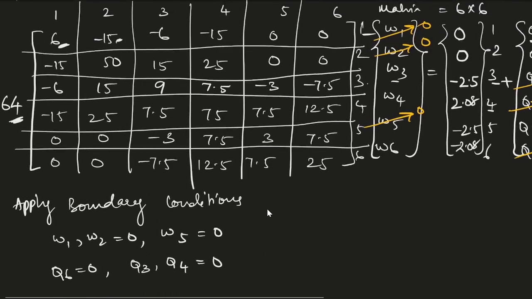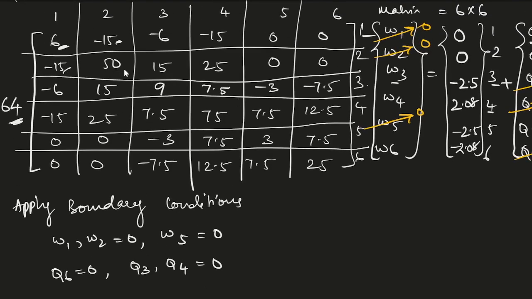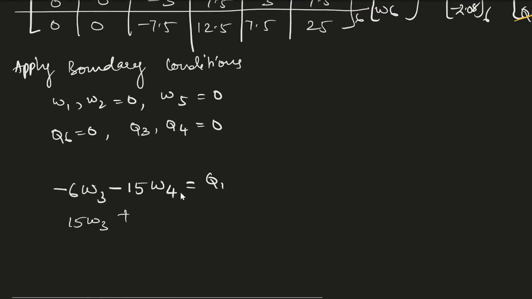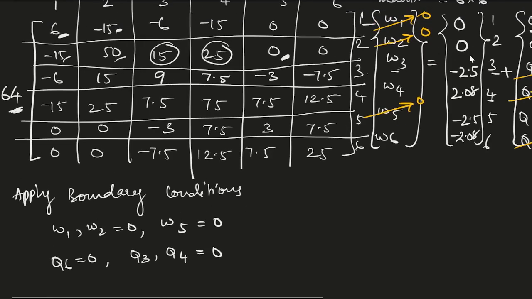Similarly for the second row, the first two elements become 0 and the fifth element becomes 0. We have only these two, 15 and 25, that is w3 and w4. So 15 w3 plus 25 w4 will be equal to q2, because 0 plus q2 is q2. Now for the third row, the first two elements become 0.